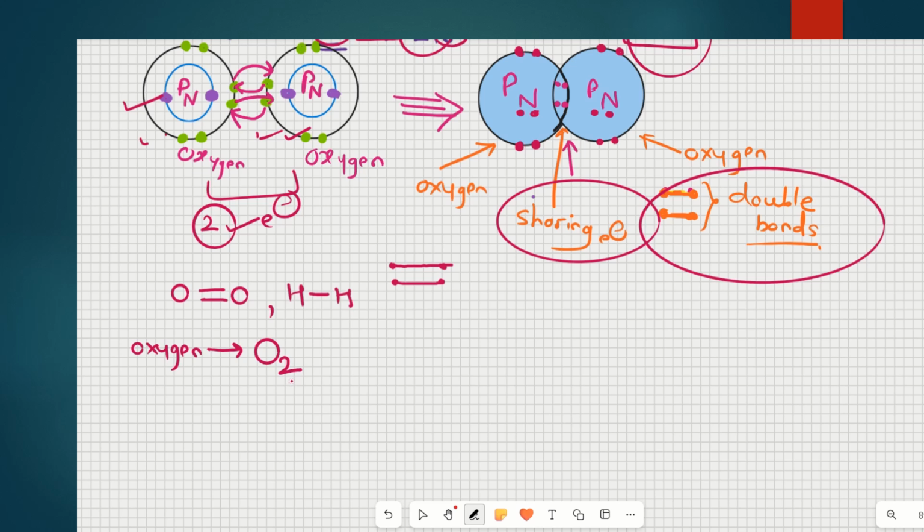Similarly with chlorine we write Cl2, not Cl. Cl is only one chlorine atom, and whenever you show the molecular form we have to write the diatomic form, that is Cl2 or, for oxygen, O2.